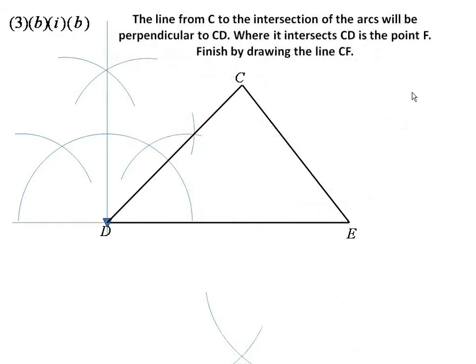The line from C to its intersection of the arcs will be perpendicular to CD. Where it intersects CD is the point F. So we finish by drawing the line CF. So we imagine that for the kite, this diagonal is perpendicular to this one, but we do not need the entire diagonal. We just need to have the line CF, which will end right there.